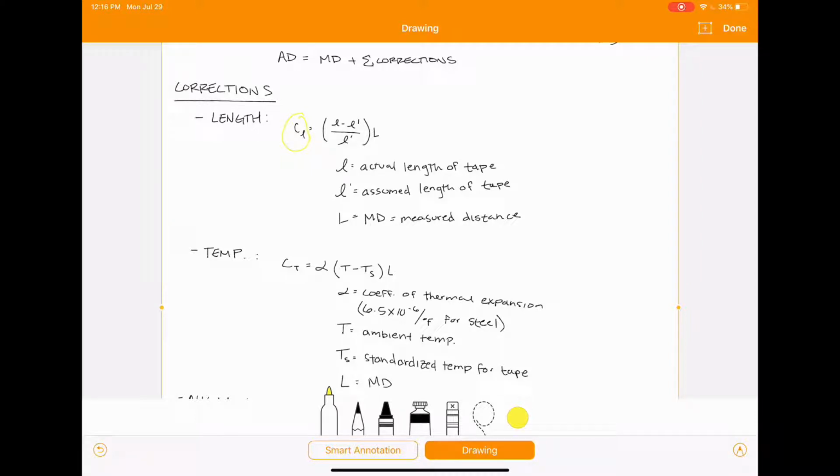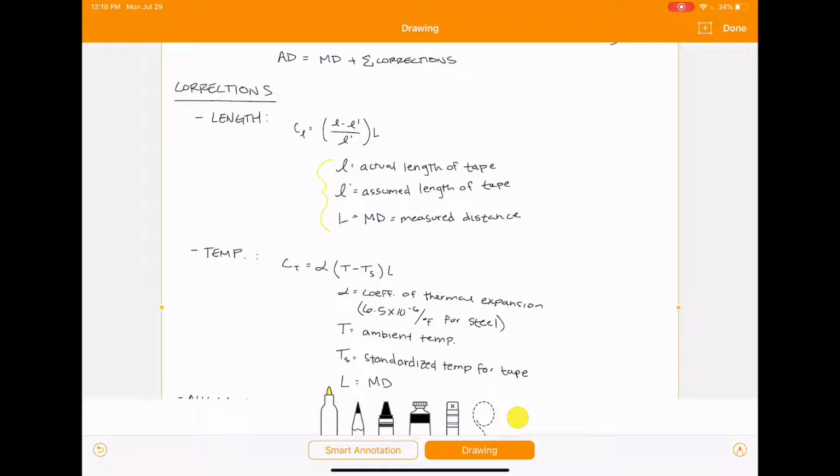That's going to be your correction factor, and it's equal to L minus L prime, divided by L prime, all times capital L. I've defined those for you below. Your L is the actual length of the tape.